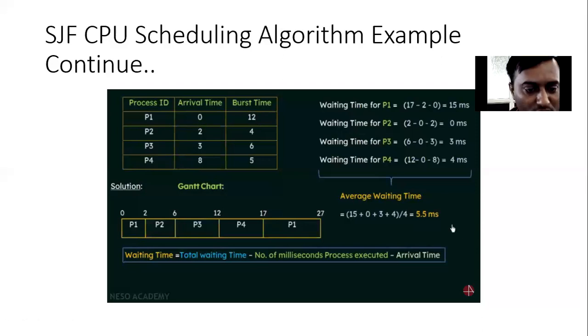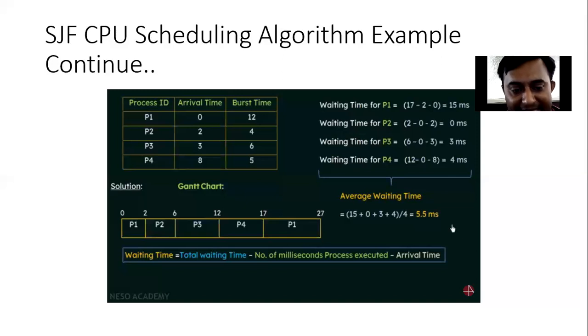Because it is a preemptive type of algorithm, we will execute this process for 1 unit of time, or 1 millisecond, only. After 1 unit of time, again we will check whether any other process has arrived in the ready queue or not, and this pattern will continue.